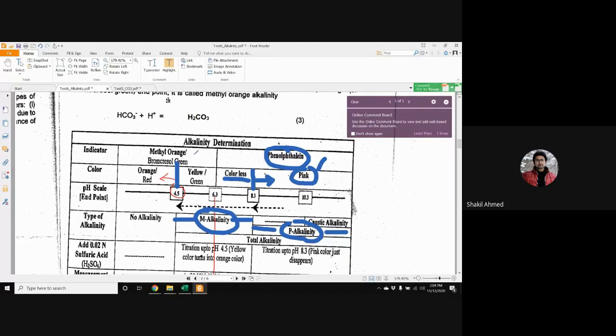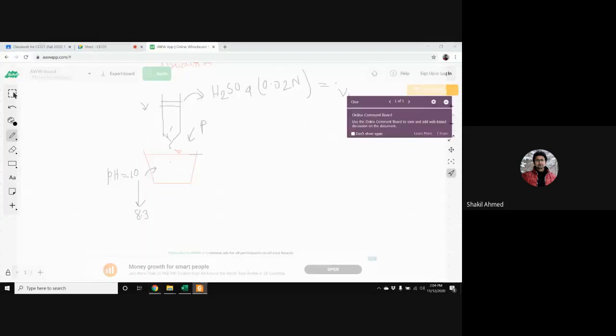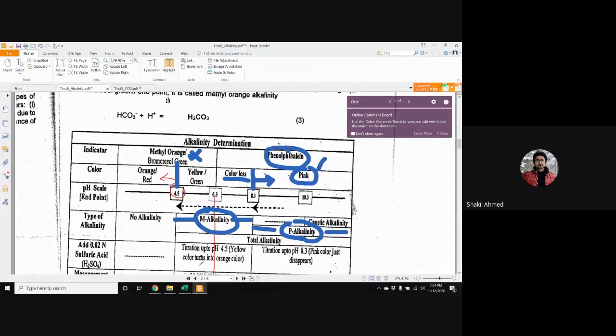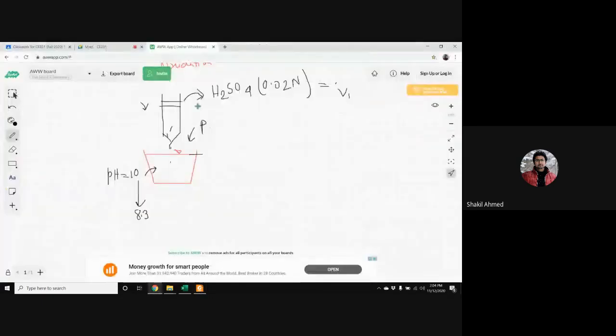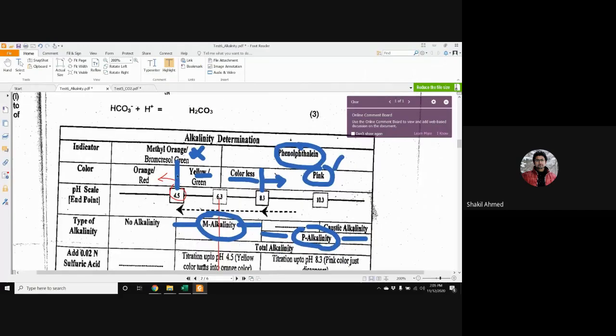Now you add methyl orange indicator, and you'll see that it may be colorless. Now you again start adding H2SO4. At a time it will be yellow, and at a point the color will turn from yellow to orange, and that's your end point, 4.5.